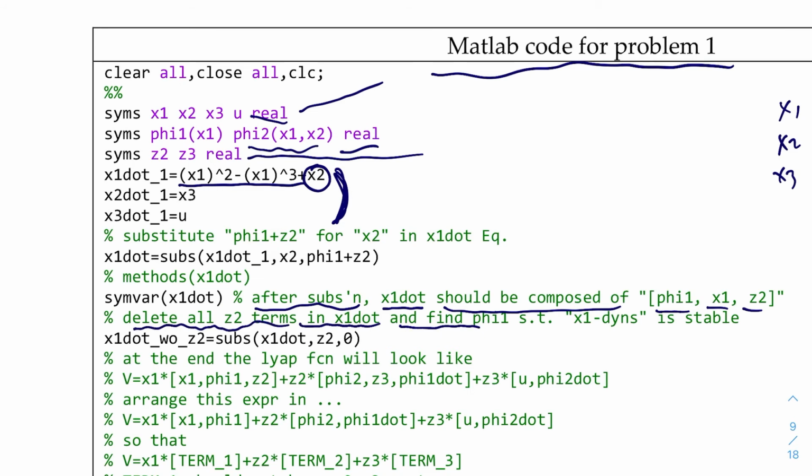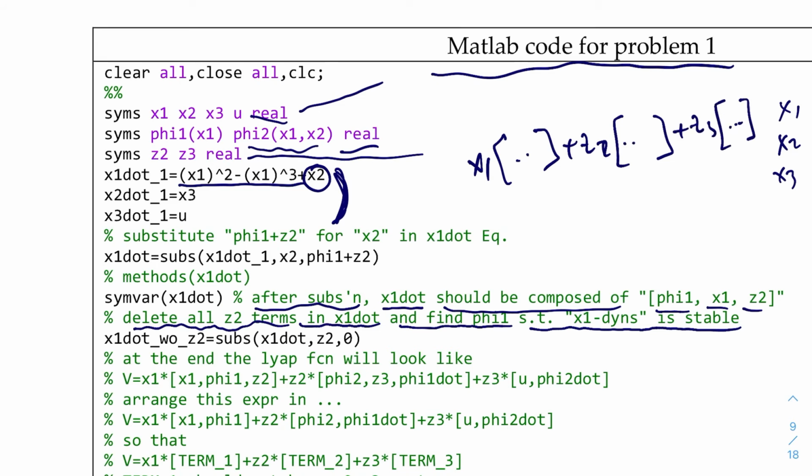Delete all z2 terms in x1 dot and find phi1 such that x1 dynamics is stable. You know, term 1, term 2, term 3, where in the end we will have x1 plus z2 dot dot dot, and z3, but we called it term 1, term 2, and term 3, really creatively.